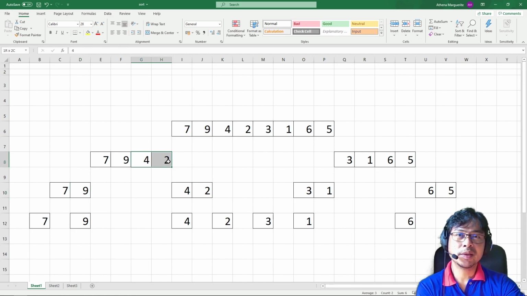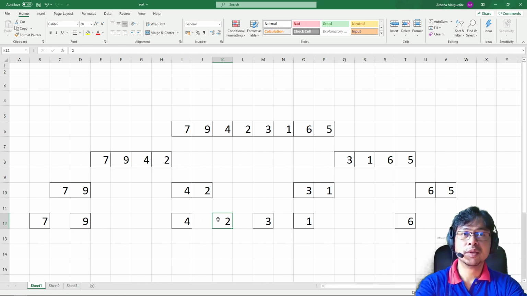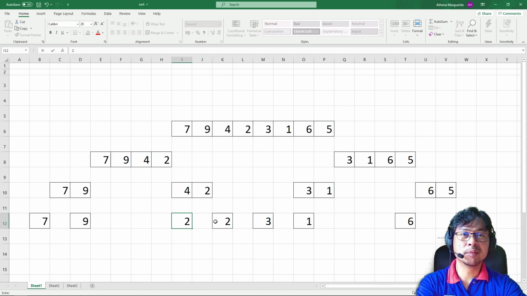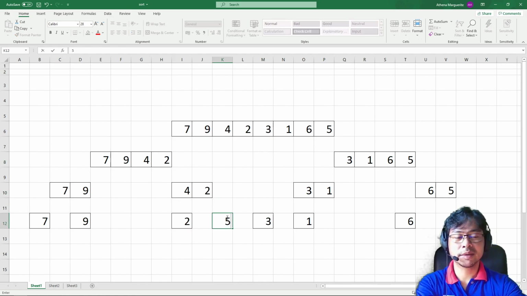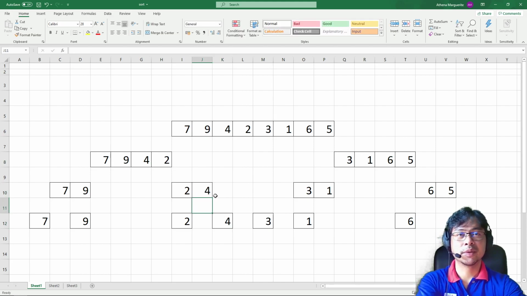Dun sa 4 and 2 kanina, kailangan mo rin munang bumaba para ma-split mo sa baba. So there you go. Pagka na-split mo na ngayon siya, then magiging 4 saka magiging 2. And then you need to merge that. So dito mapupunta yung 2 and then here comes the 4. So you have 2 and 4 now.